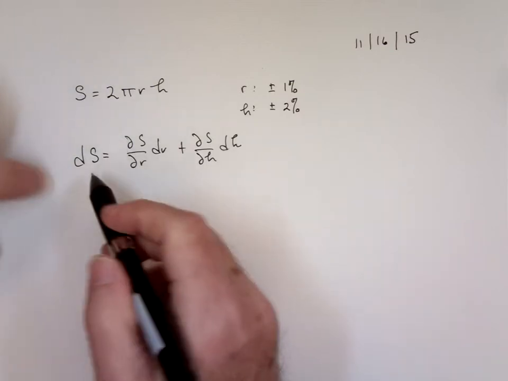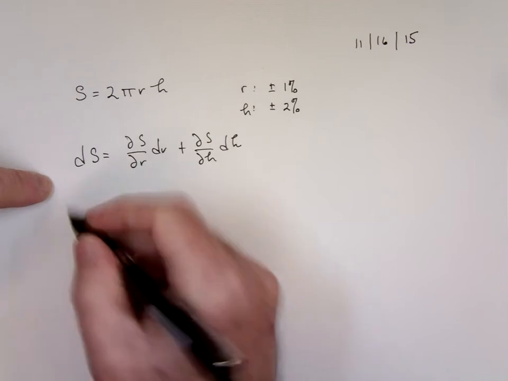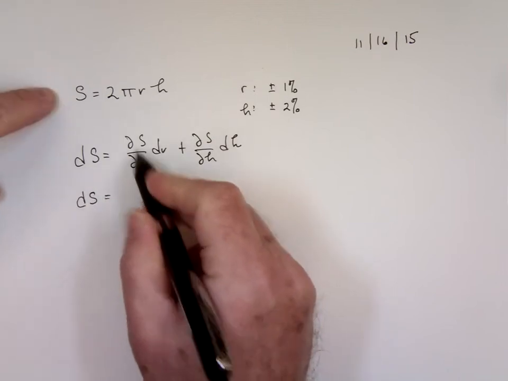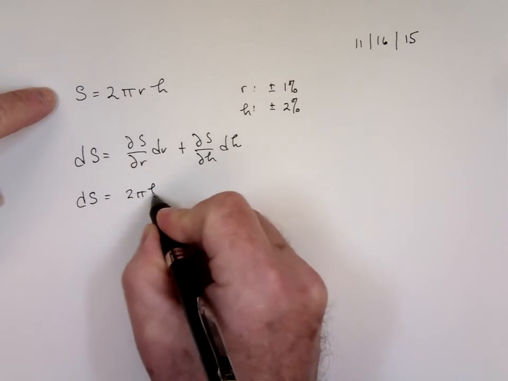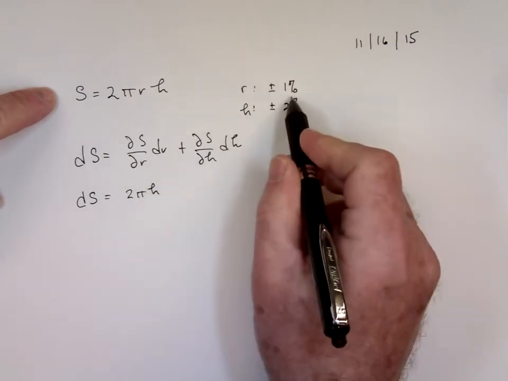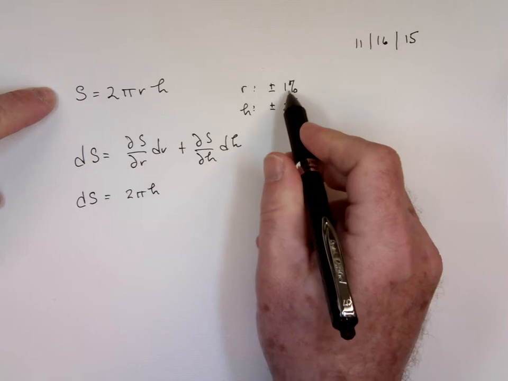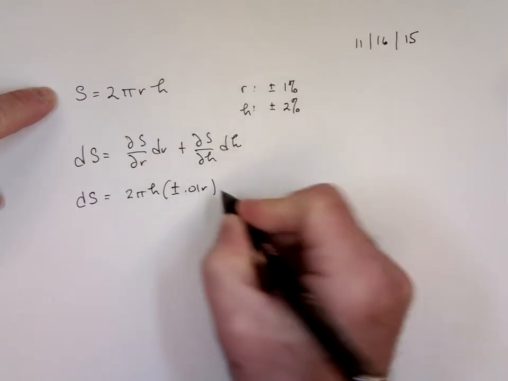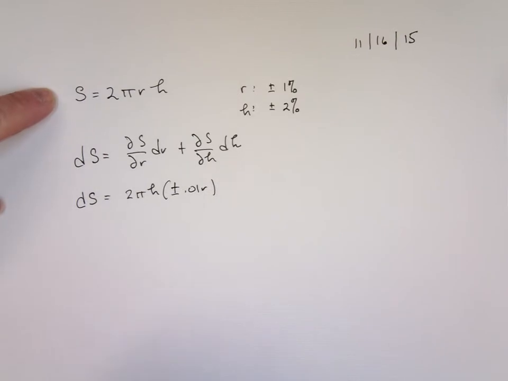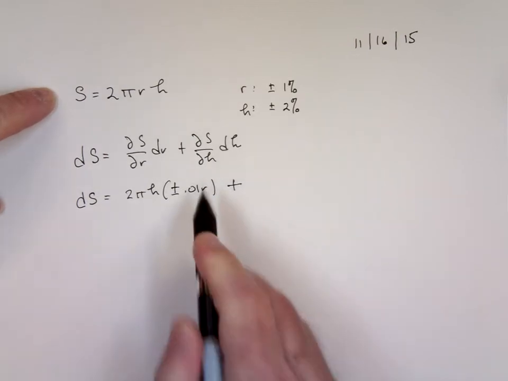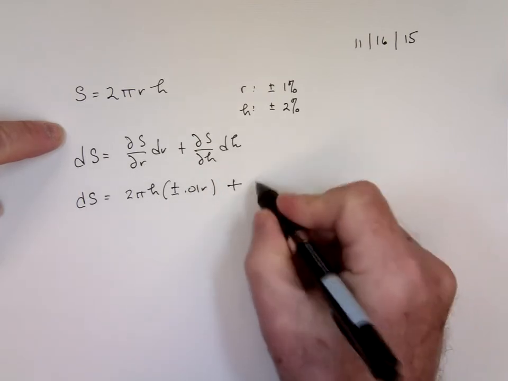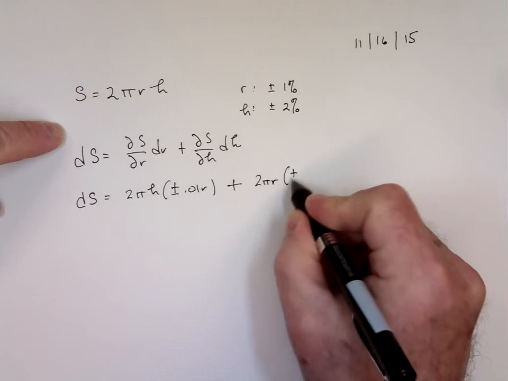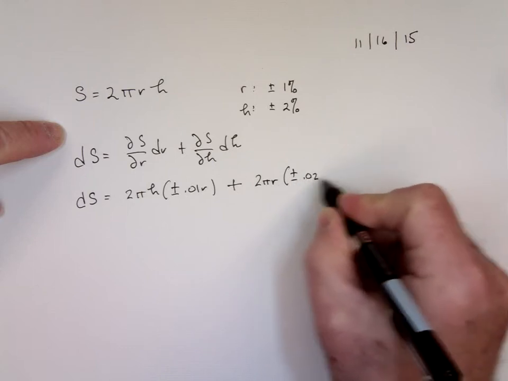So dS, that's the error, is equal to the partial of S with respect to r, 2 pi h, times dr. dr is the error in measuring r, the change in r, and that's plus or minus 1% of r. The partial of S with respect to h is 2 pi r, and dh is plus or minus 2% of h.